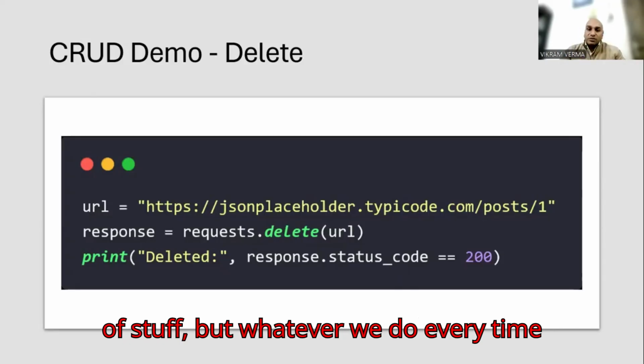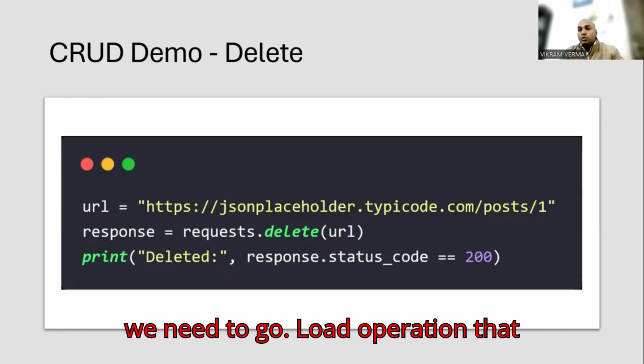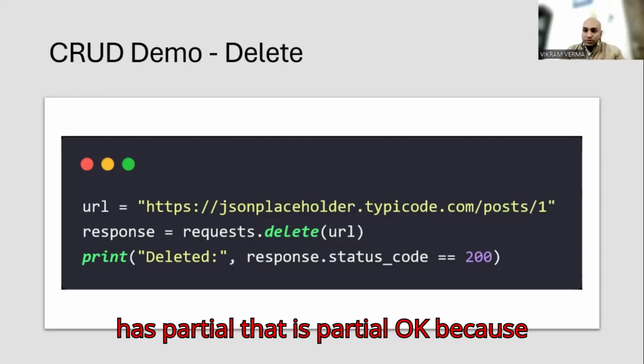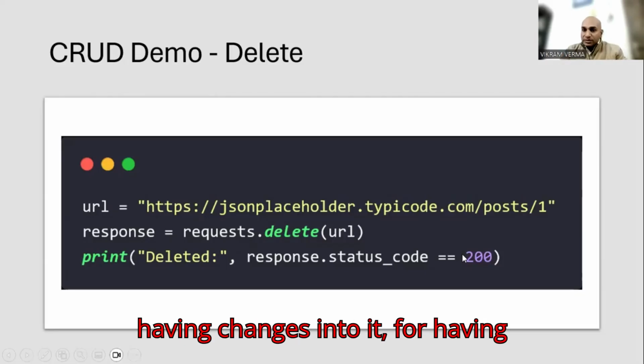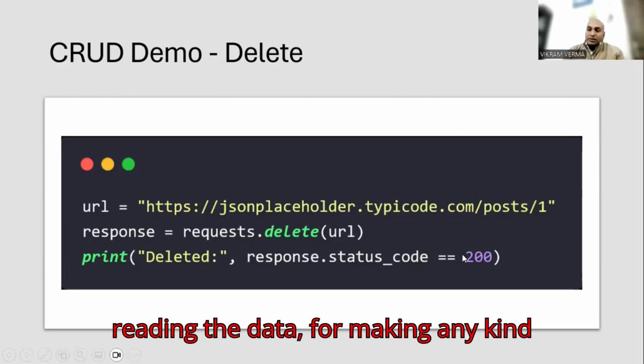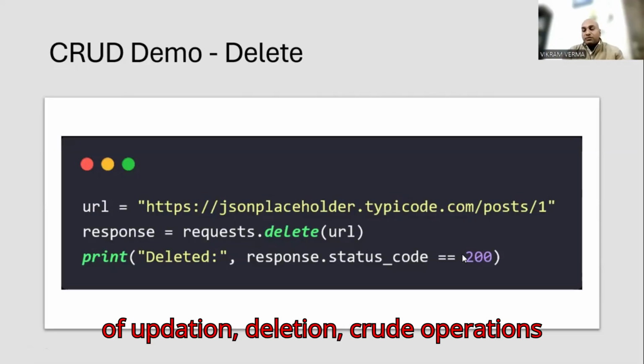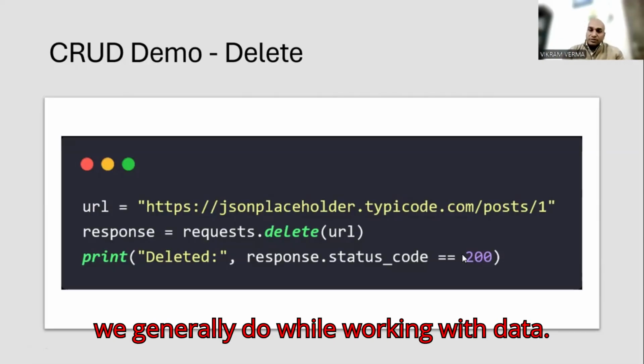We can do such kind of stuff. But whatever we do, every time we need to go with CRUD operations. That is for sure. Because we generally work with data to make changes to it, read it, update it, or delete it. CRUD operations are what we generally do while working with data.